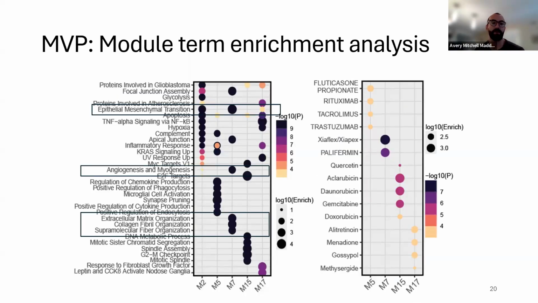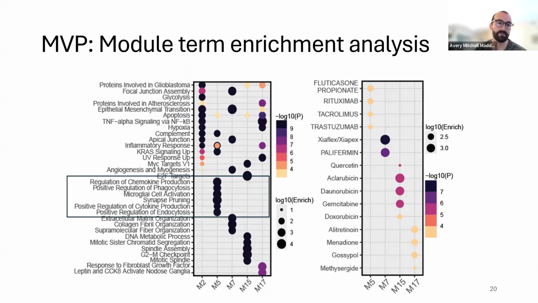To get a better understanding of what these modules would represent in terms of pathways, we go on to perform our term enrichment analysis, and we can see that M7 is related to angiogenesis, extracellular matrix organization, and the epithelial-mesenchymal transition.